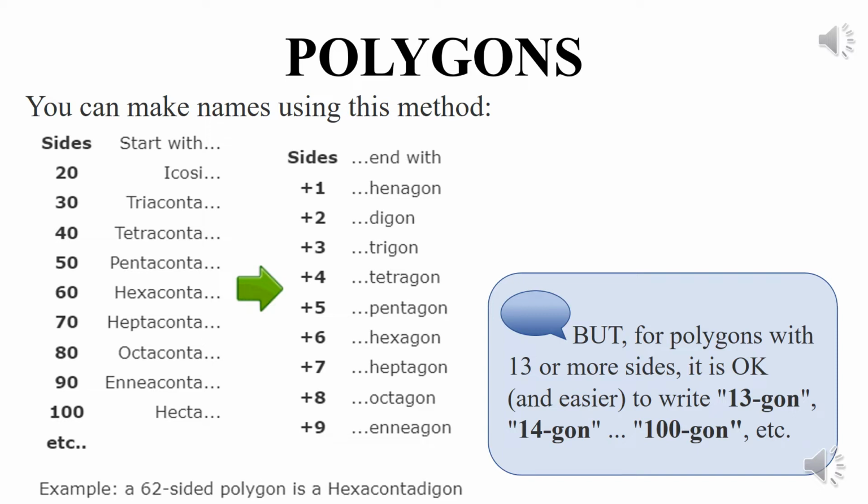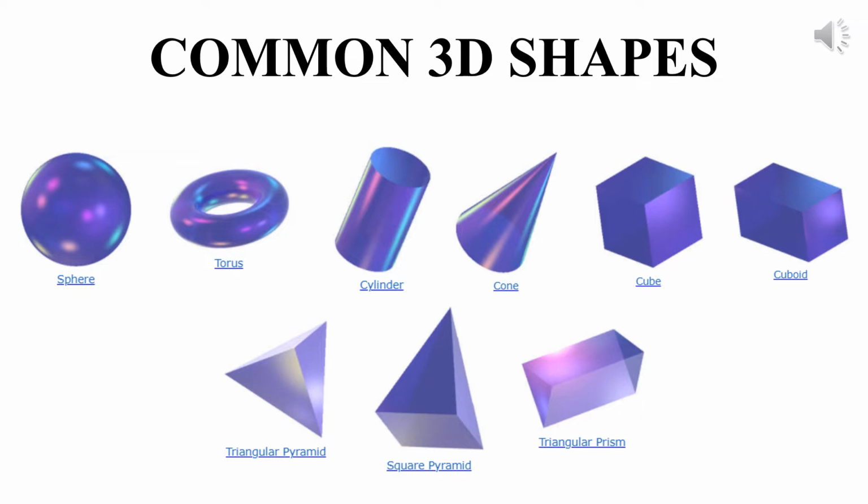But for polygons with 13 or more sides, it is okay and easier to write 13 gon, 14 gon, to 100 gon, etc. Common 3D shapes: sphere, torus, cylinder, cone, cube, cuboid, triangular pyramid, square pyramid, triangular prism.